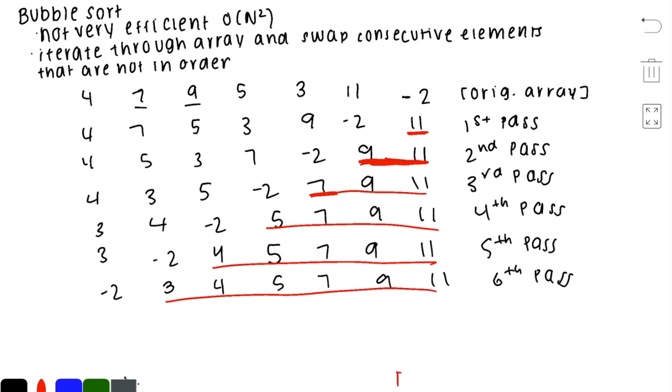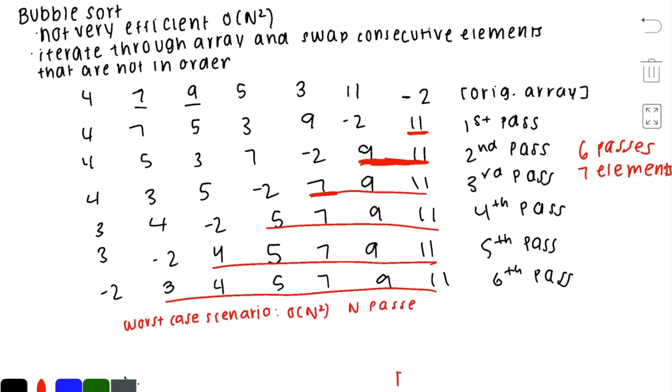At the same time, we can see that this took us 6 passes to completely sort, and we have 7 elements. So in the worst case scenario, when the array is completely unsorted, the runtime would be O of n squared. And the reason why is because we would have to do n passes.